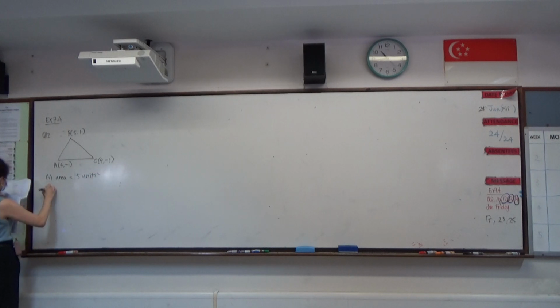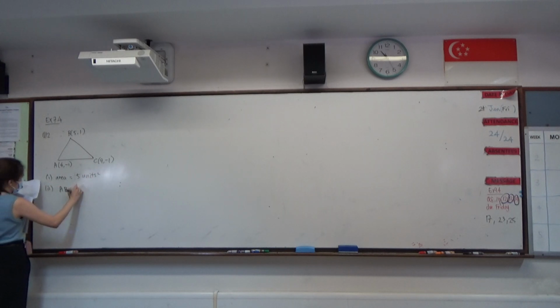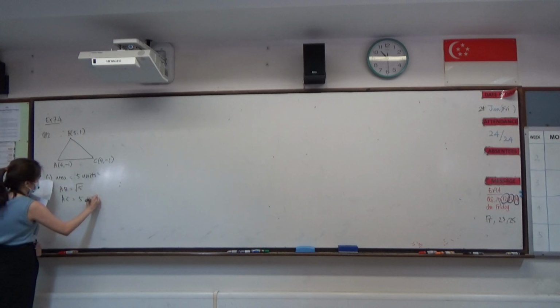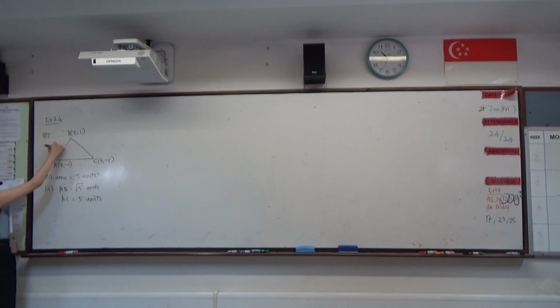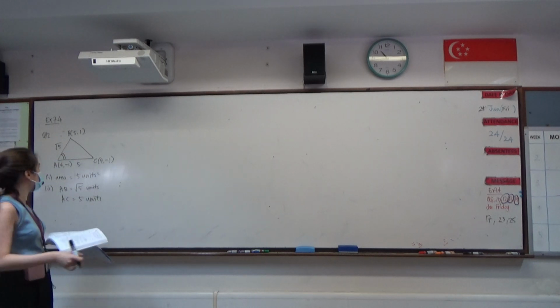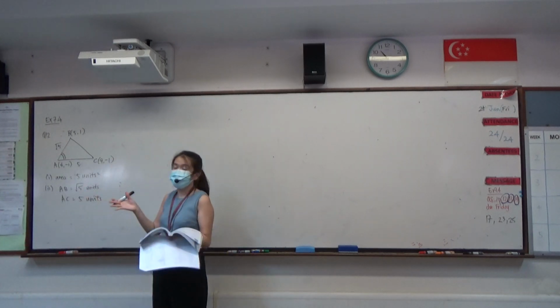And in part 2, AB is square root of 5 units and AC is 5 units. So this means that down here is square root of 5, AC is 5. And what we want to find is the sine of angle BAC, which is the angle here. It is the included angle for the two lengths that we have already found.